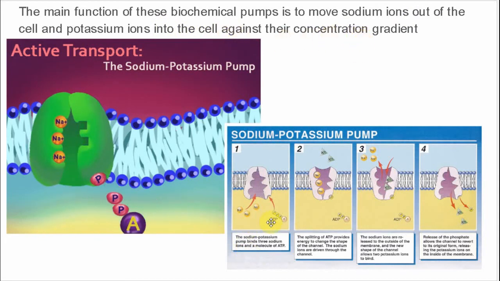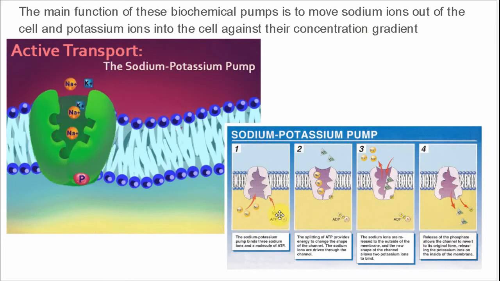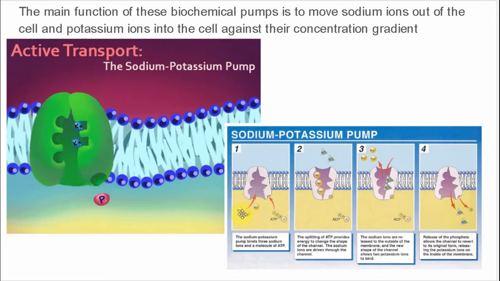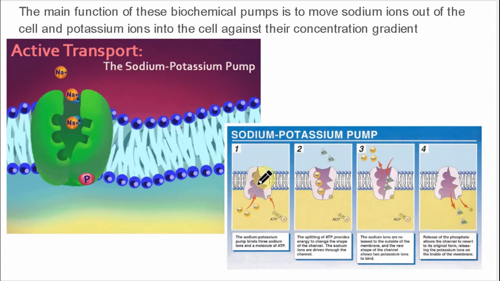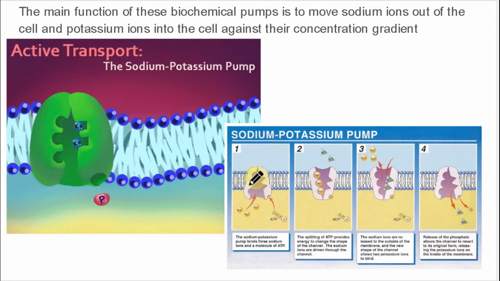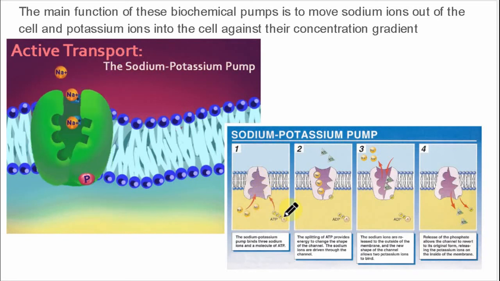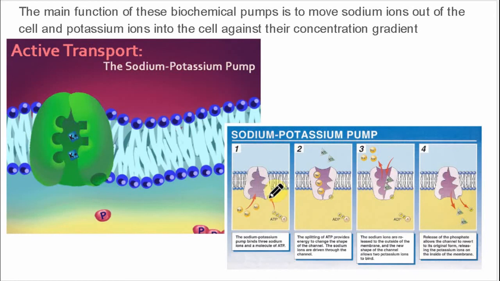If we describe the mechanism, in the first step 3 sodium ions, 3 Na plus ions, will get inserted into the opening of the sodium potassium pump, which faces the inner portion of the cell, and then the ATP molecule will attach to it.